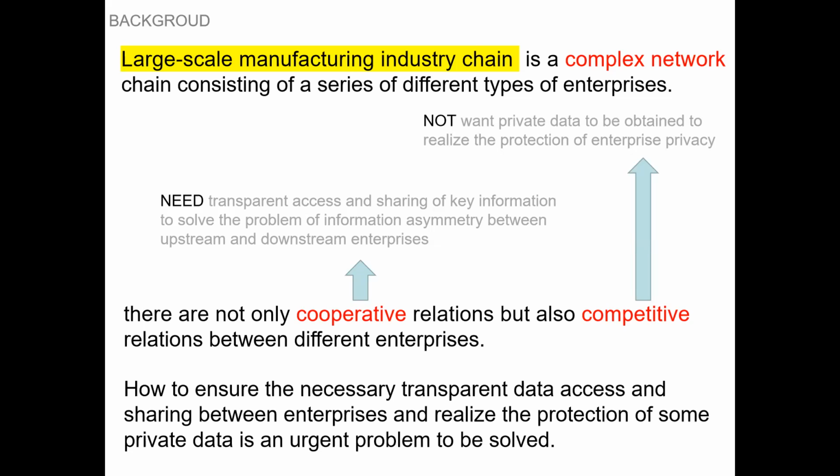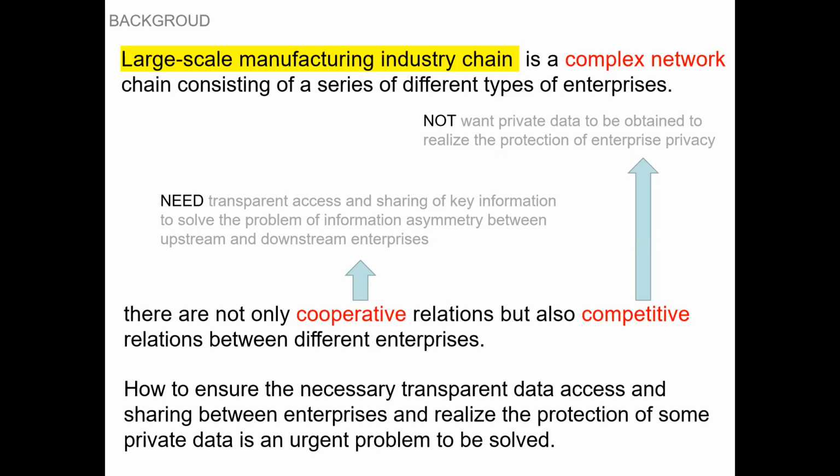And there are many enterprises and departments involved in the industrial chain network, and there are not only cooperative relations, but also competitive relations between different enterprises, which brings challenges to data sharing among enterprises.